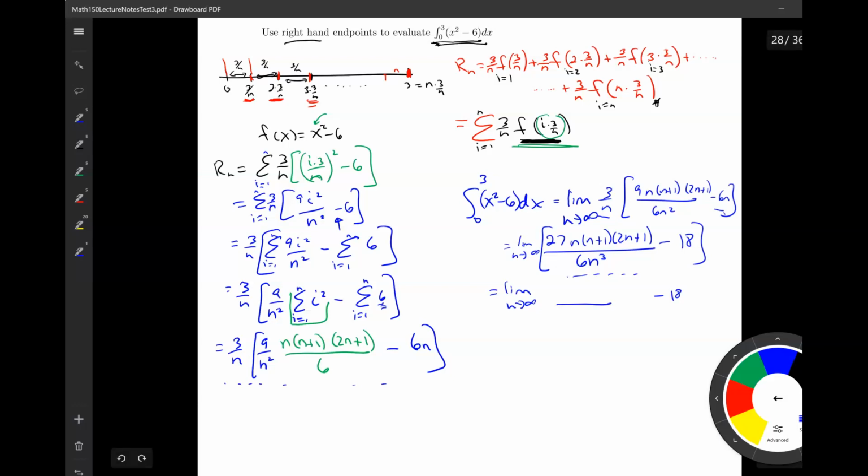So I have 6n cubed from the denominator. On the numerator, I would have 27 times 2, so 54, n, and n, so n cubed. Since these n cubes cancel, I get 54 over 6 minus 18. That is the exact area under the curve.